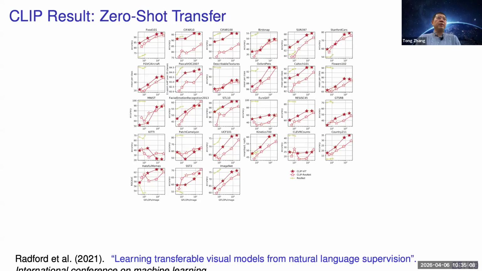Nowadays, probably not anymore, but they have flowers and other classification data, and they just take a look at these different datasets. This is CLIP ViT, CLIP ResNet, and this is a ResNet, which I believe is pre-trained on ImageNet and fine-tuned on this.